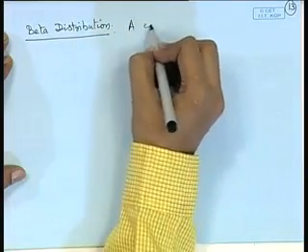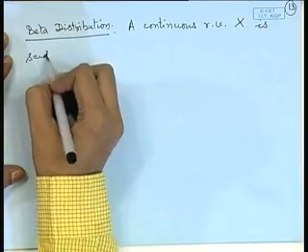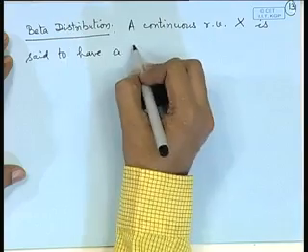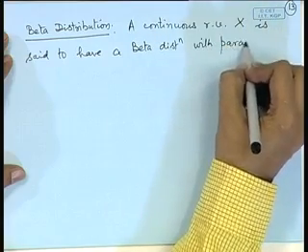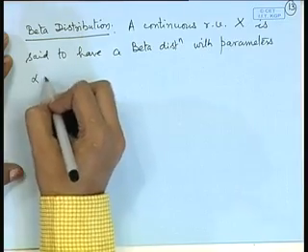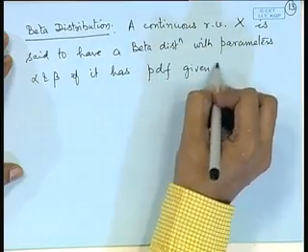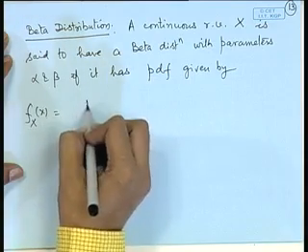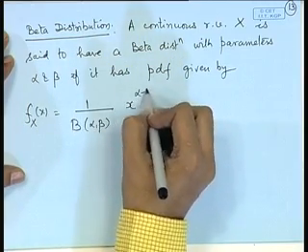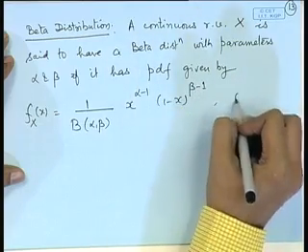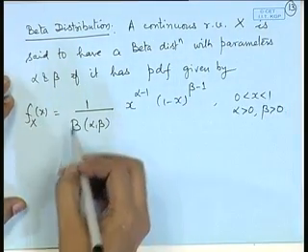A continuous random variable x is said to have a beta distribution with parameters alpha and beta if it has the probability density function given by 1 by B(alpha, beta), where B denotes the standard beta function, x to the power alpha minus 1, 1 minus x to the power beta minus 1, for 0 less than x less than 1, alpha positive, beta positive, and 0 otherwise.